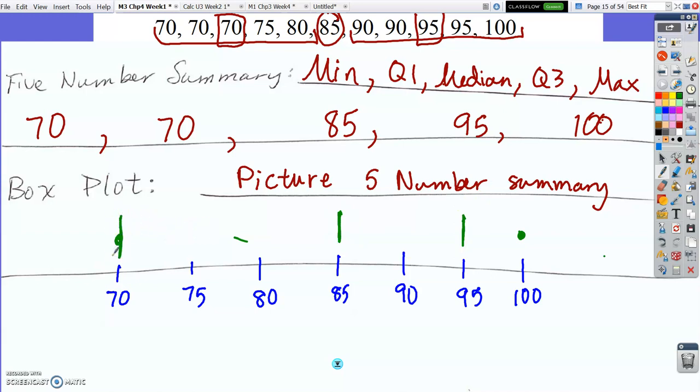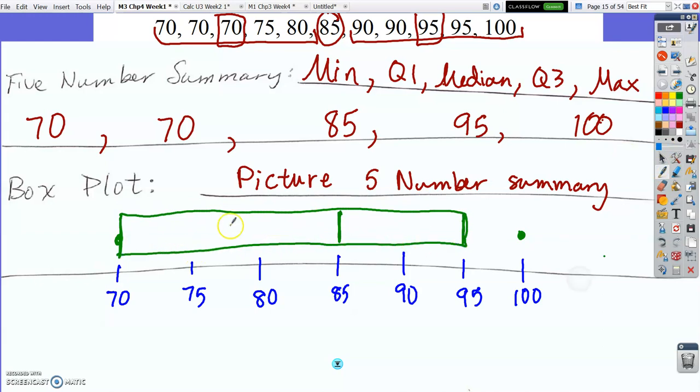So that's not supposed to be the same place as the dot. This time it is. That's okay. And so then I drew a box through my lines, and then I connect my dots with little lines, which we call whiskers. Box plots are also called box whisker plots. So that is our box plot.